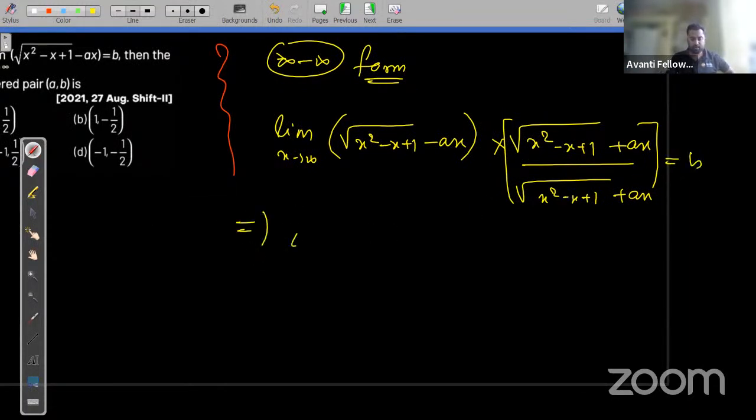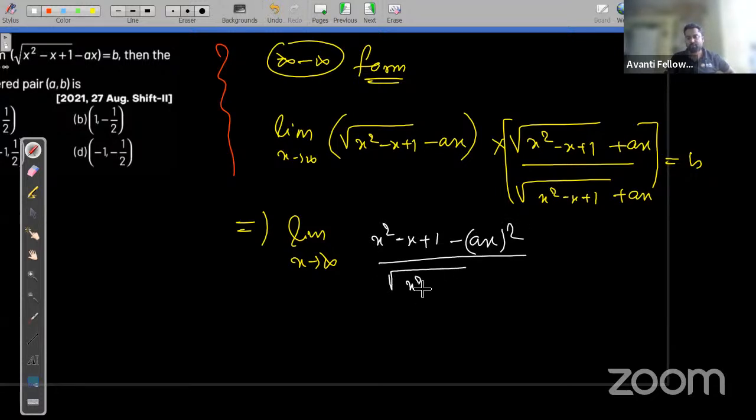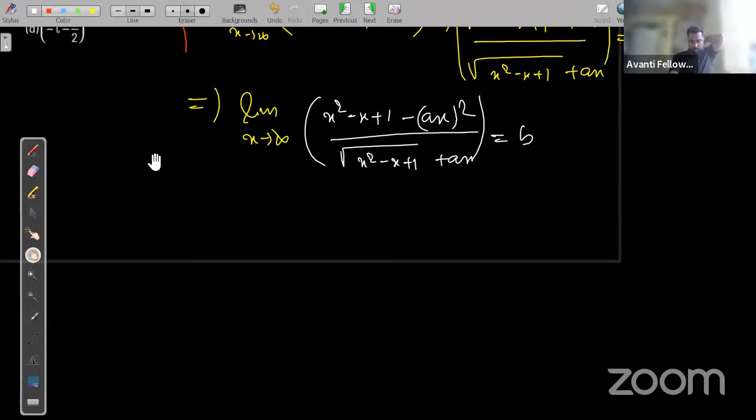Now the numerator becomes x square minus x plus 1 minus x square, divided by root of x square minus x plus 1 plus ax, which is given as b. Right? Now see, after solving, what are you getting here?